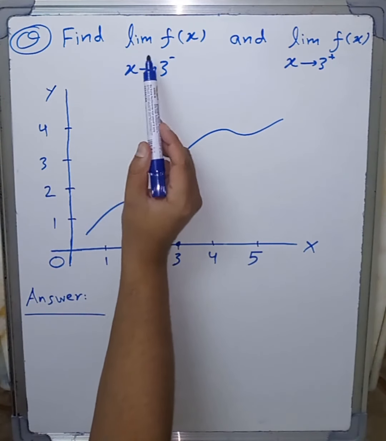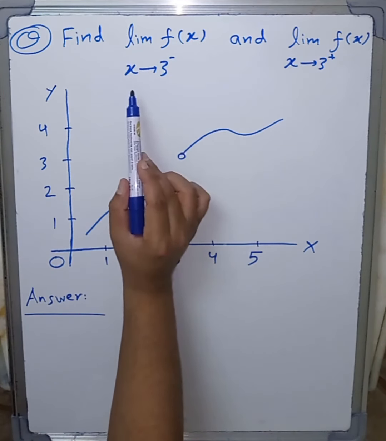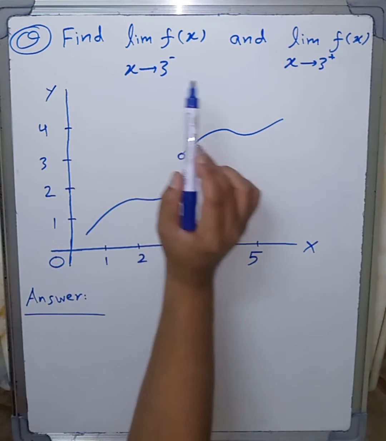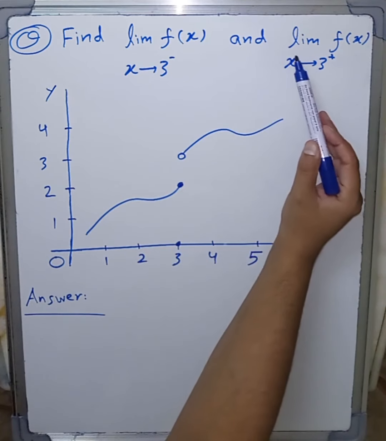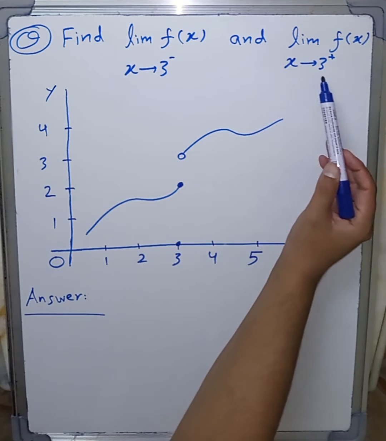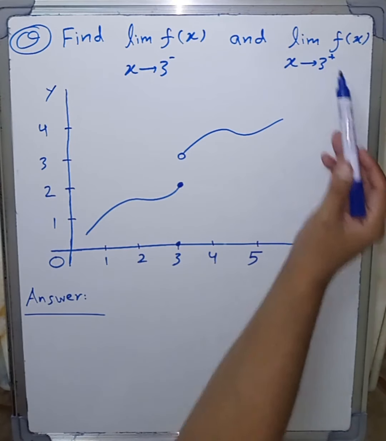Find limit f(x) as x tends to 3 from the left and limit f(x) as x tends to 3 from the right.